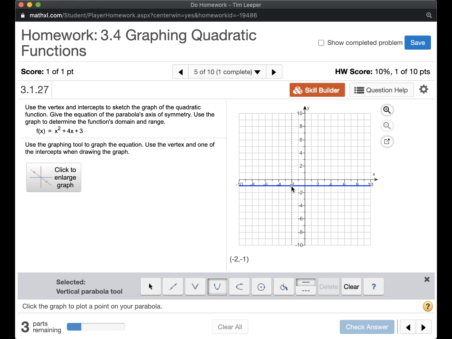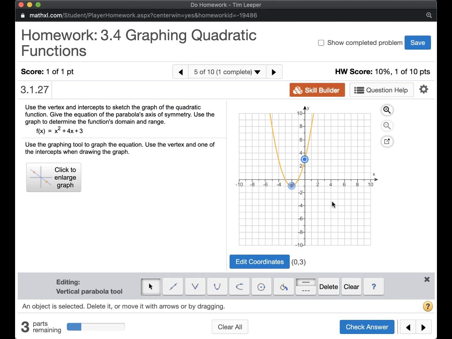Excellent. And then you also want to find any other point on the parabola, and in this case it's going to be -1, 0, which is an x-intercept, or you could have plotted 0, 3. That works as well. If you plotted 0, 3, notice it's the exact same parabola. That actually already defines what the parabola is.